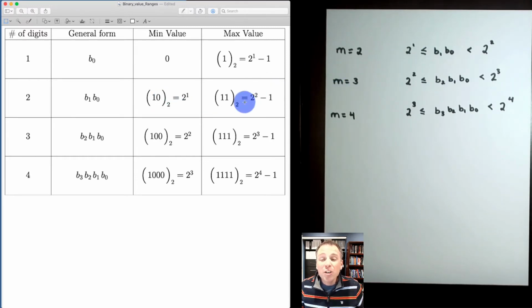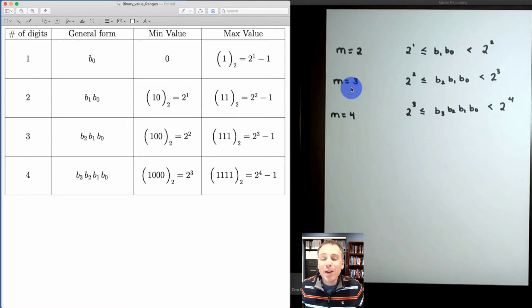Moreover, the largest number that can be represented is 1, 1 base 2, or 2 squared minus 1. So the smallest number is 2, the largest number is 3. Well, we know that 3 is 1 less than 4, so we're bounded below, where this is a less than or equal to, by 2 to the first. We're bounded above by a strict inequality by 2 squared.